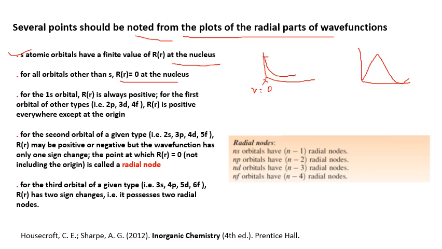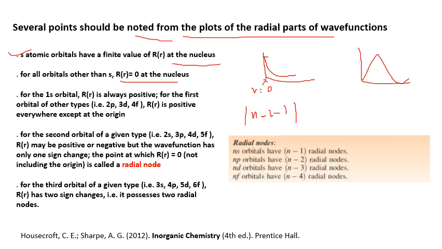Now radial nodes can be calculated using a formula. In general, the number of radial nodes is n minus l minus 1.